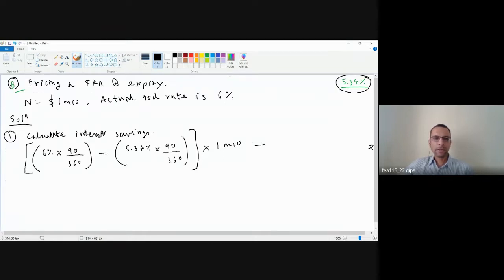So actually you can keep 90 by 360 common outside as well. That should be fine. I wrote it twice, but you might want to keep it outside and just take the plain difference. Now, can someone help me with this first number? 6% minus 5.34 unannualized into 1 million. Okay, you can actually give me the direct value. That should be fine. The overall bracket into 1 million. So it should be a few thousand, maybe lower values of thousands, because we have this decimal and again we have a fraction as well.